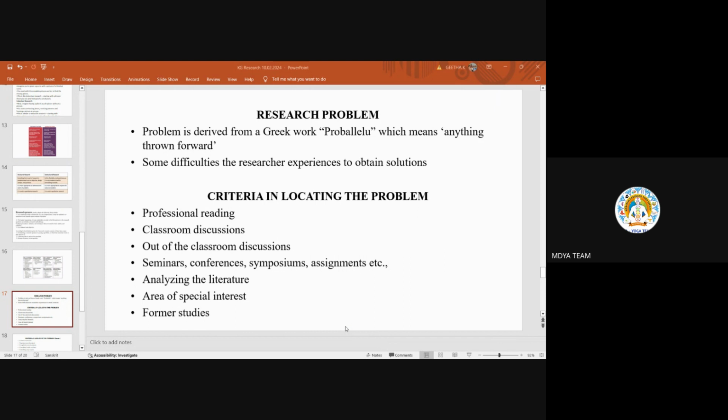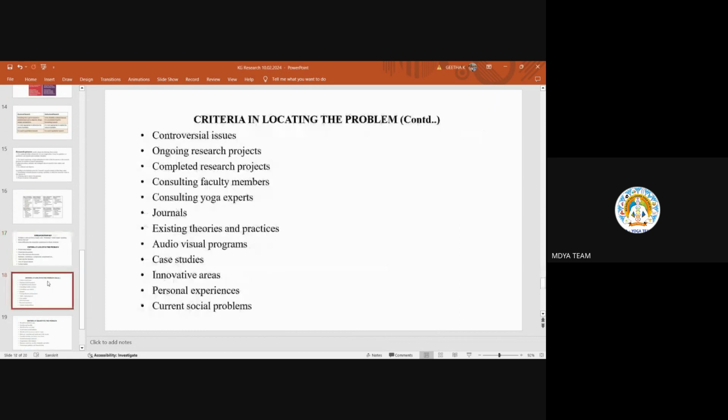And then former studies. Our previous studies are very much important to identify things. And then criteria. This is also continued. These are all the many ways they have listed.